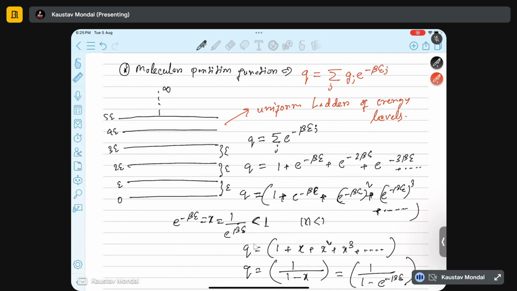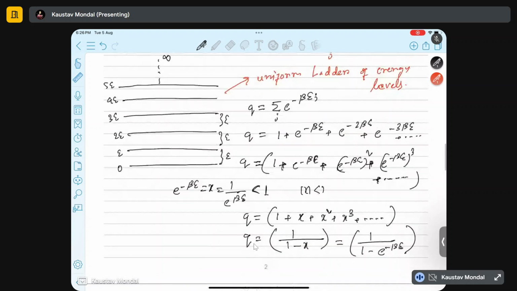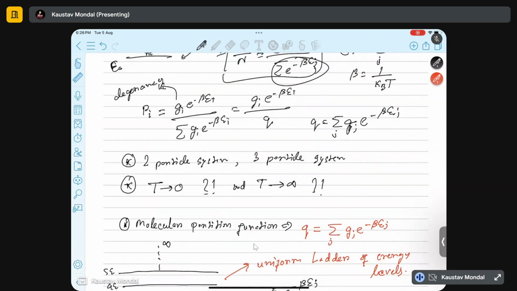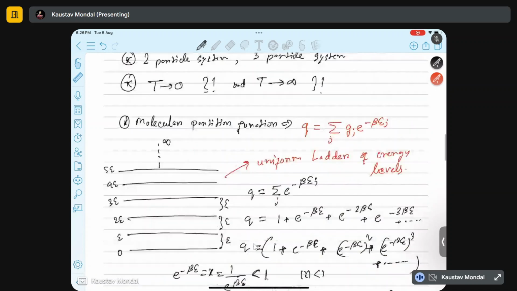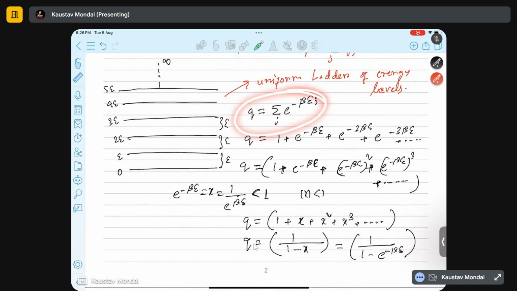For this kind of system we want to calculate the distribution of particles in the ith energy state. For that, initially we calculated the partition function, which is the most important quantity. Our main goal is always at first to calculate this partition function, right? Here we have the partition function expression q.